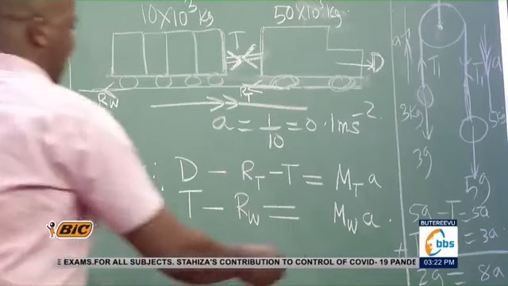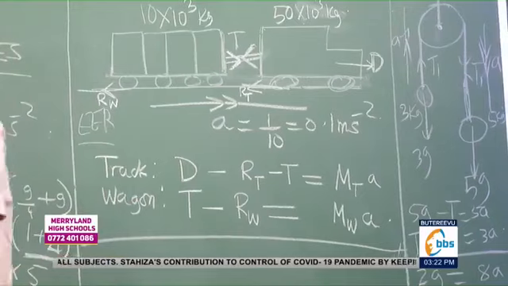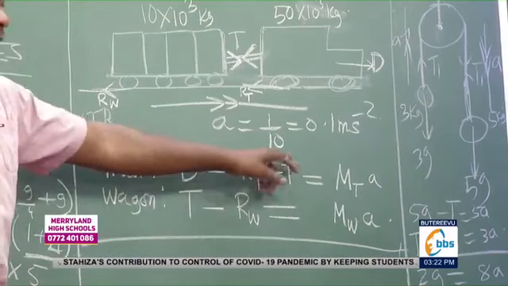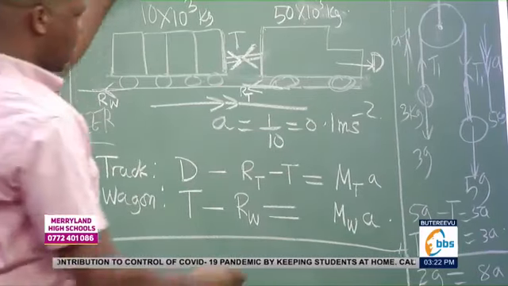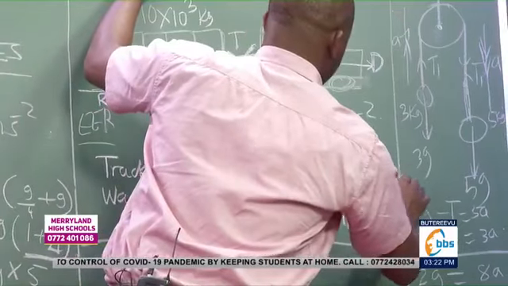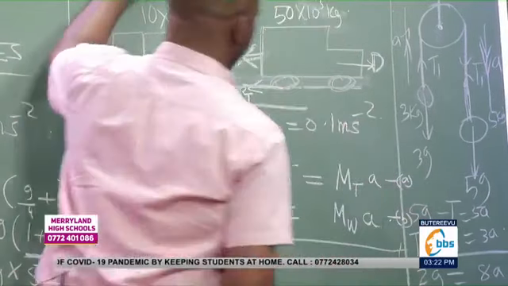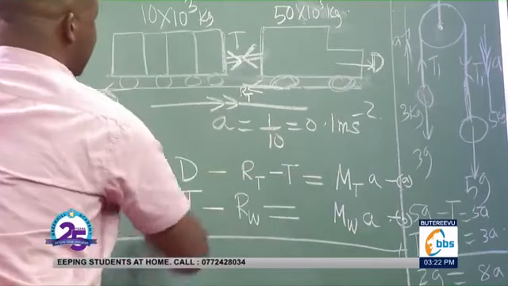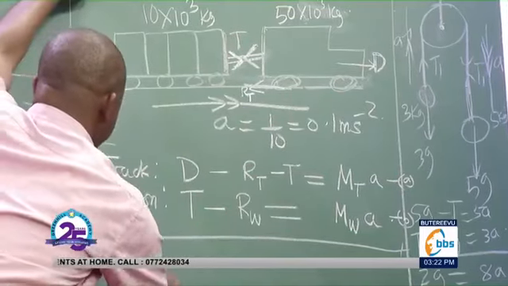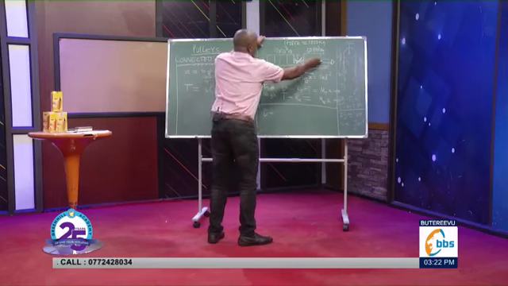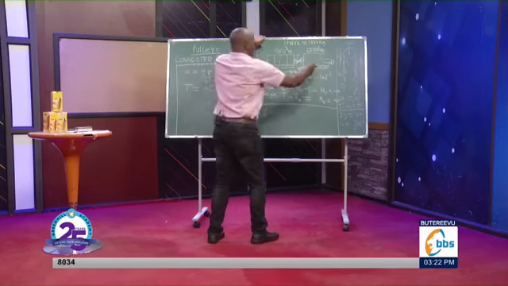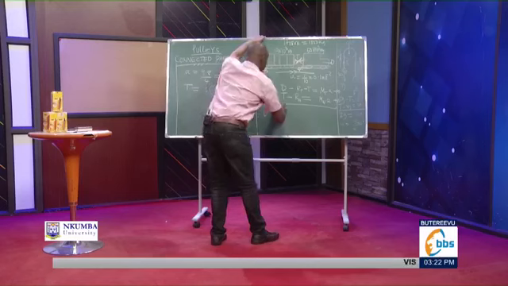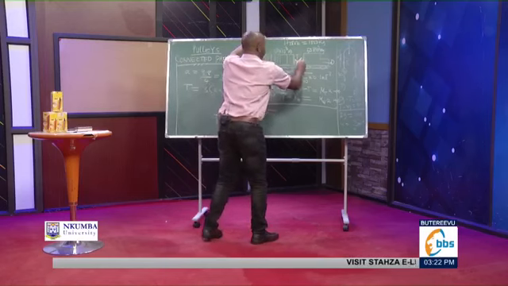If I am going to generalize this into one equation, it is as good as adding these two expressions. Of course, this would be an equation, and this would be an independent equation. So if I consider them as one body, I would say D minus, now I will take away this T here.